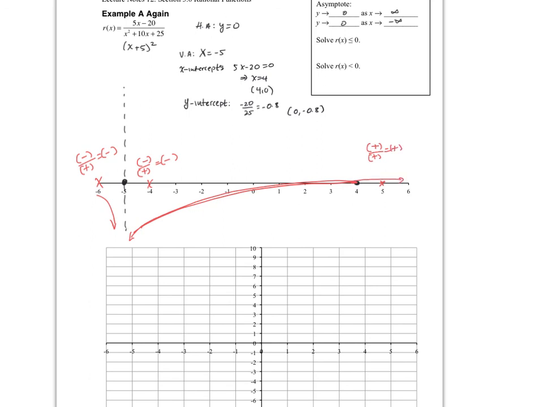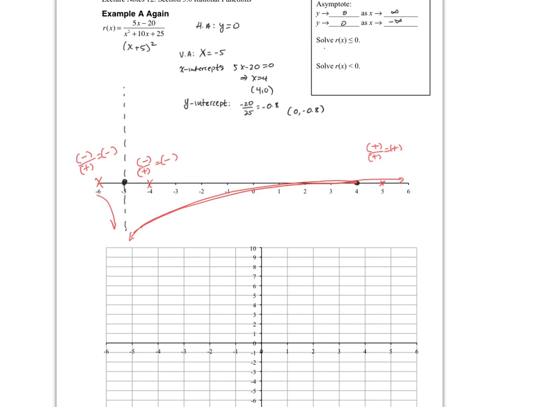Notice that the horizontal asymptote is y equals 0, which means that the graph has to settle to 0 on this side and 0 on the other side. We already know that this part is always negative, and that this is negative up to this point, and then it will be positive for all the values after that. So the question is asking where is this negative.